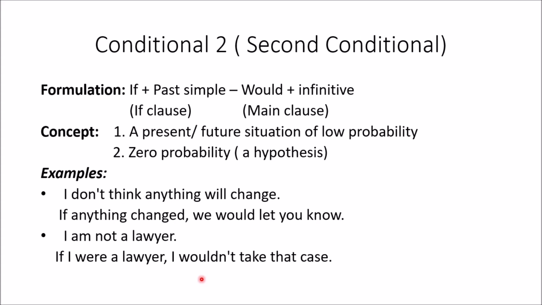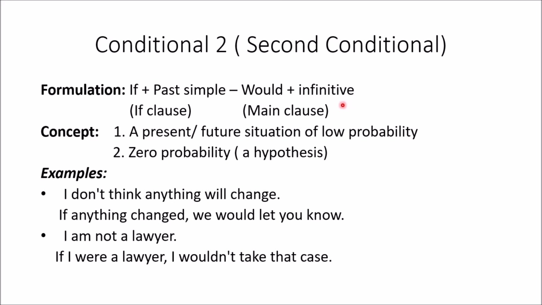Conditional type 2. Second conditional is formed using if plus past simple to refer to an if clause and to continue with would plus infinitive in the main clause. It's worth mentioning that the infinitive is the base form of the main verb or the action verb.